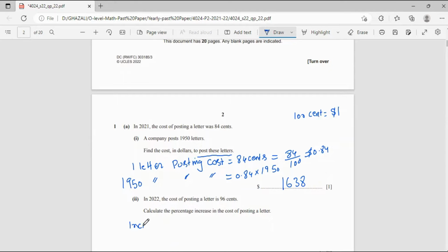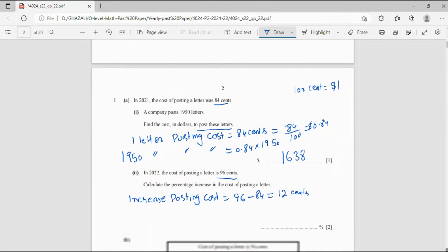Increase in posting cost: in 2021 the cost was 84 cents. In 2022, the cost is 96 cents. Now we subtract 96 minus 84. It is 12 cents.